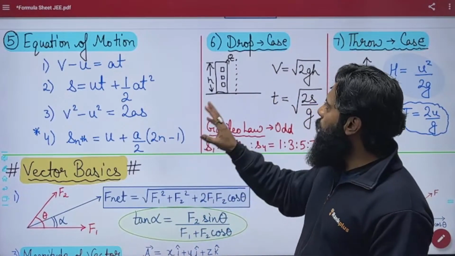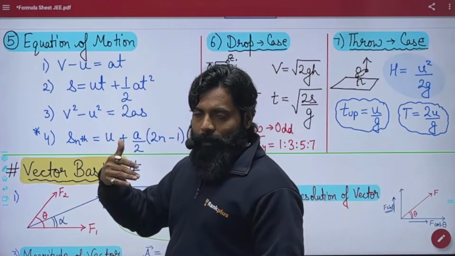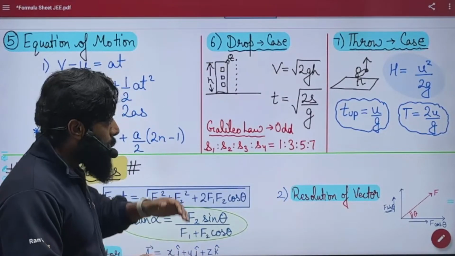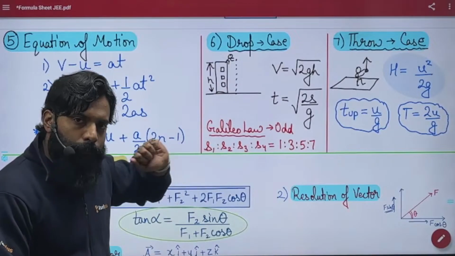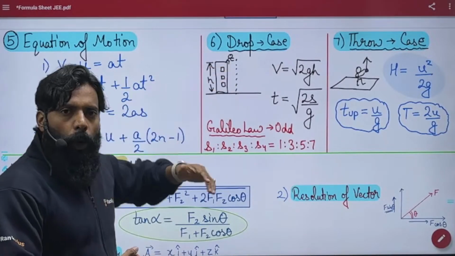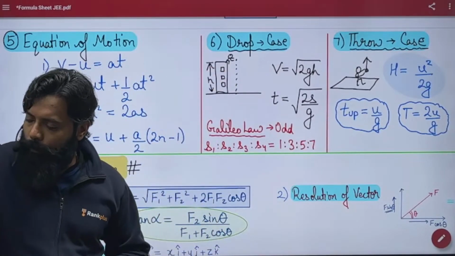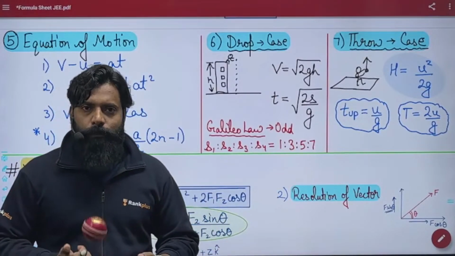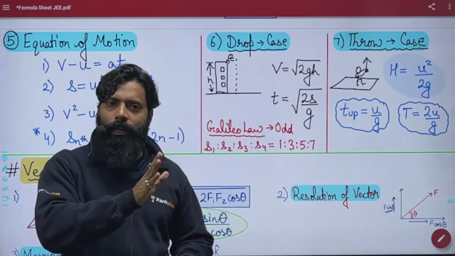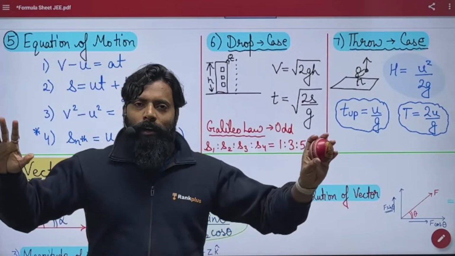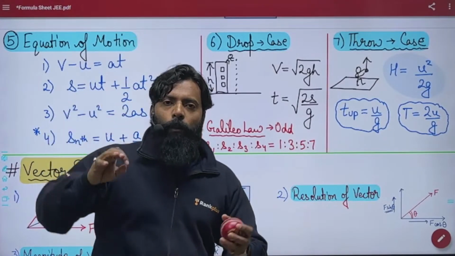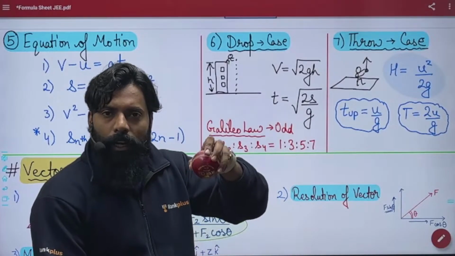Right now, there are some cases which are very, very popular, and you will find similar types of cases in your exams as well. When we are dropping something, see, I'm having one ball with me, and if I'm dropping this ball, how much time will it take to reach the lowest point?